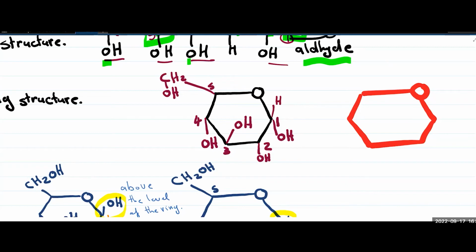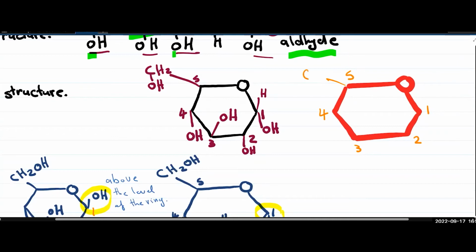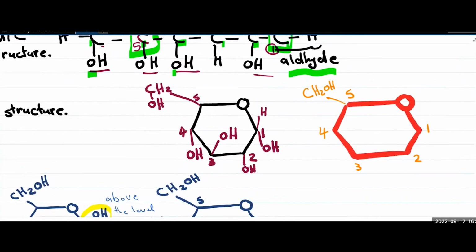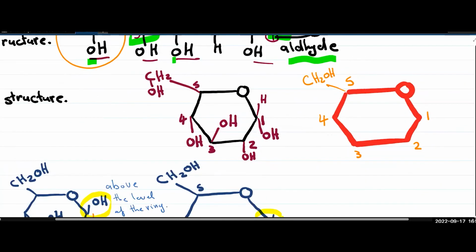Then we have to learn to count the carbons of the ring: carbon number 1, 2, 3, 4, 5. But we know that glucose is 6 carbon, or hexa, so CH2OH is here, because I told you this one is not involved in the ring formation; it's out of the ring.